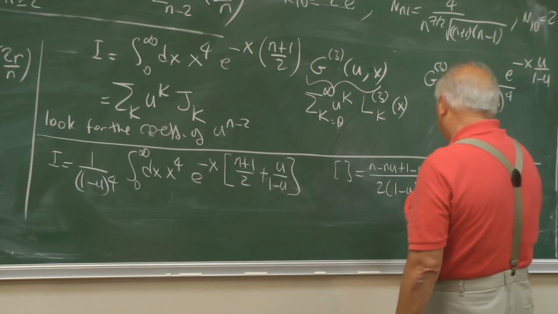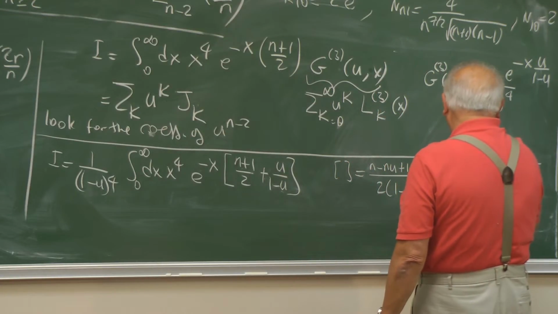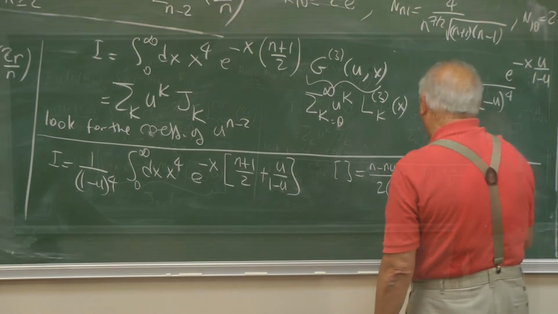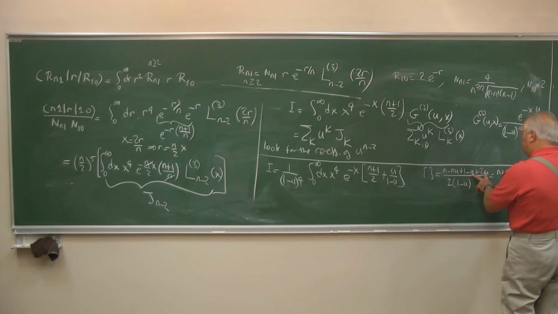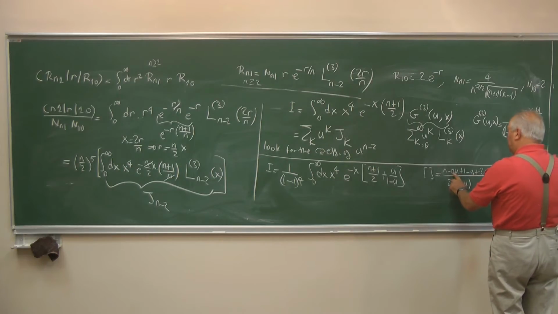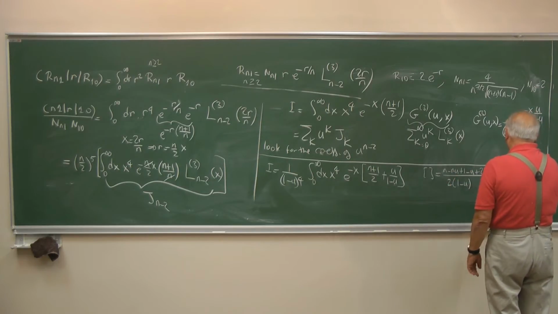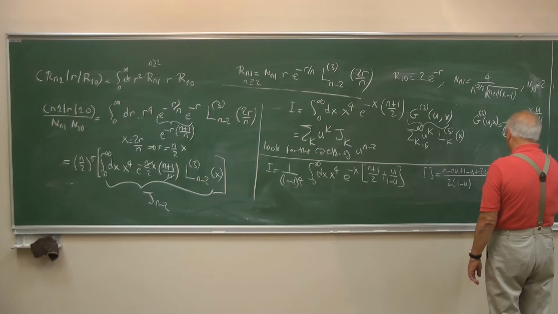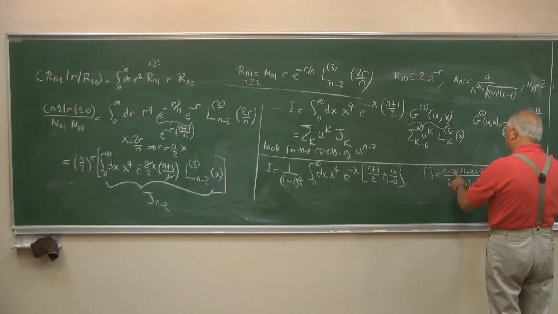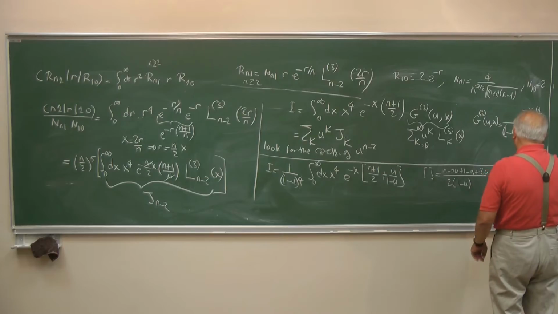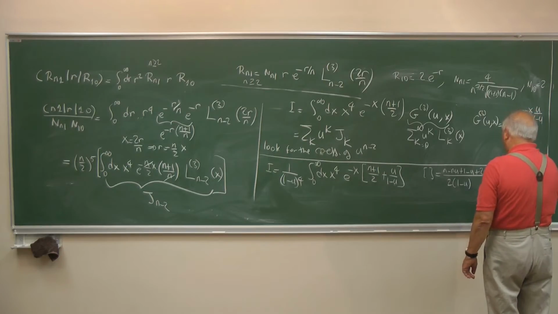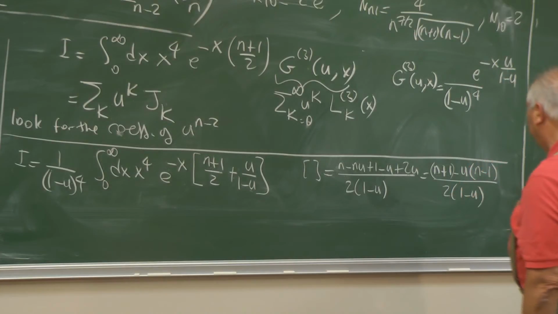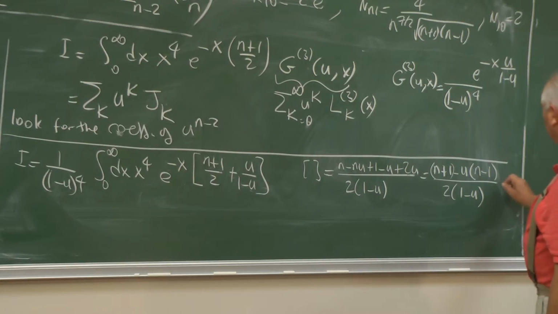Let's see what it is: n plus 1. Then, since here I have a plus u and here I have a minus n u, and since n is larger than or equal to 2, let me just take it as u times n minus 1, over 2 times 1 minus u. Let me call this A.